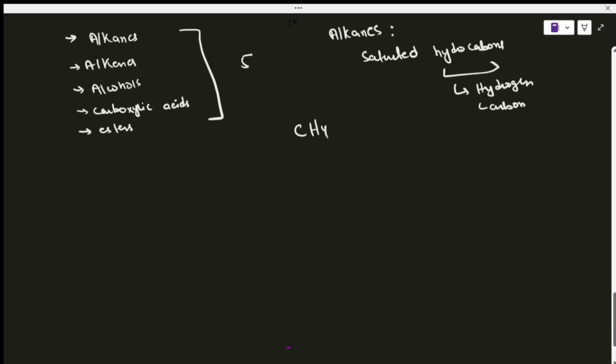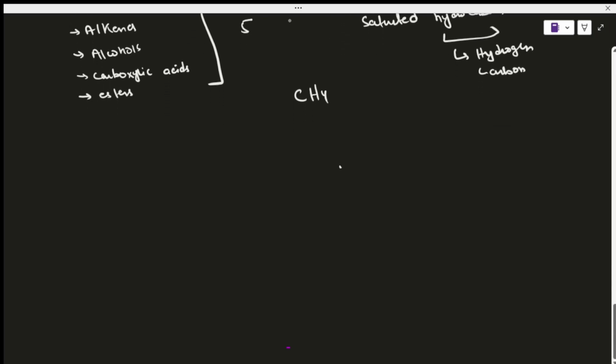If I were to draw the structure for this, here you have C, and 1, 2, 3, and 4. Now you also get the idea of the bonding that we discussed in the previous part, which was that carbon makes 4 bonds. So one bond is here, one bond is here, one bond is here, and one bond is here.